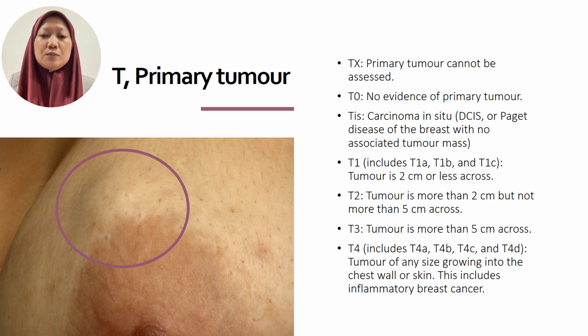T2, the tumor is more than 2 cm, but not more than 5 cm across. T3, the tumor is more than 5 cm across. Whereas T4, the tumor involves muscle or skin or surrounding tissue.